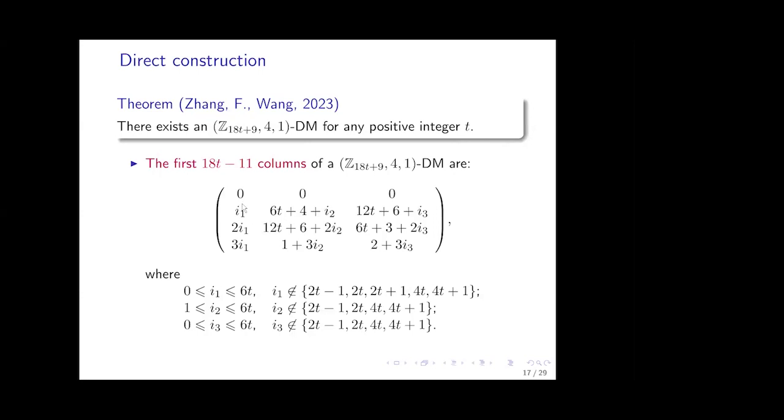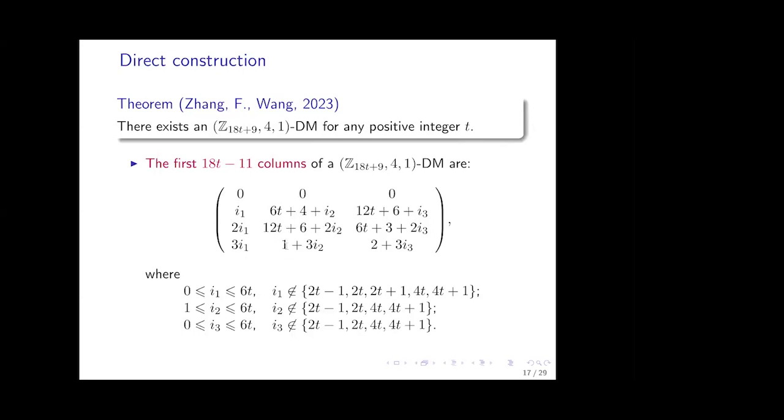So the first column is 0, i, 2i, 3i. The second column is 0, 6t plus i. And actually, this number times 2 is almost this number, 12t plus 2i, plus here not 8, it's 6.